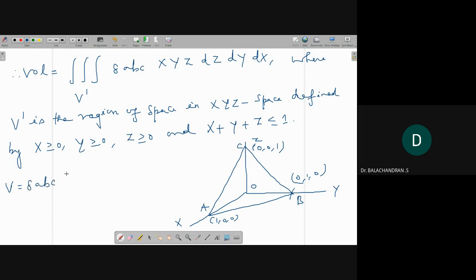Integral capital X varies from 0 to 1, x dx, and capital Y varies from 0 to 1 minus y, y dy, and then capital Z varies from 0 to 1 minus x minus y, z dz.